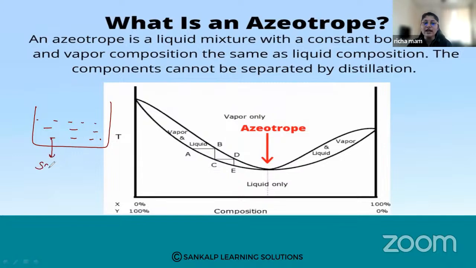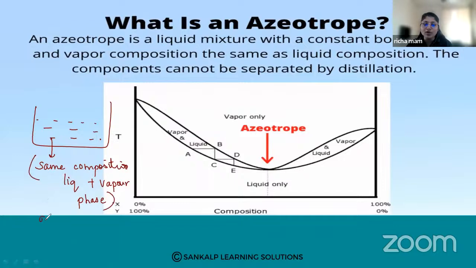Why? Because it has the same composition in the liquid as well as in the vapor phase. The composition is the same in both phases, and because of this, it boils at a constant temperature.